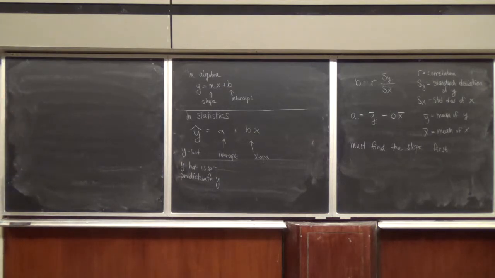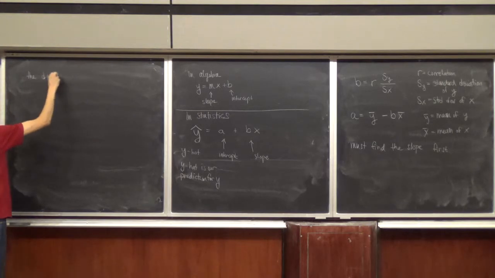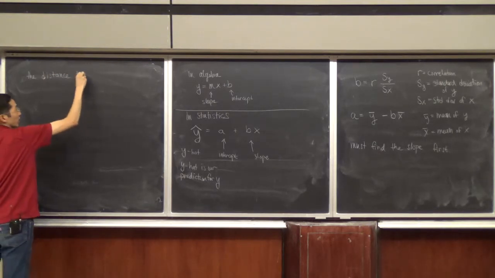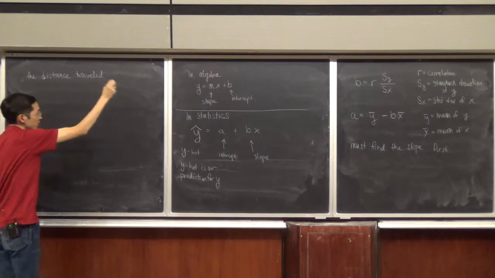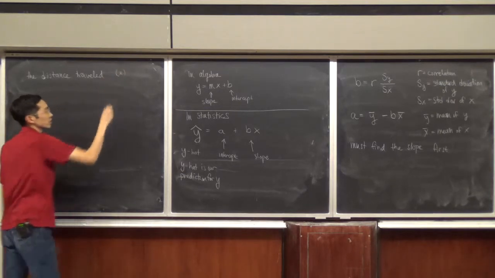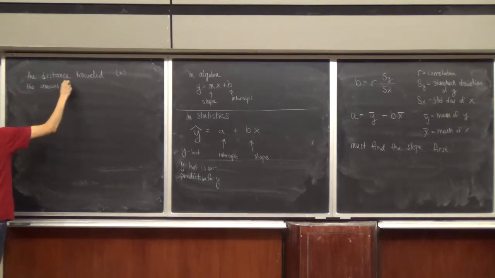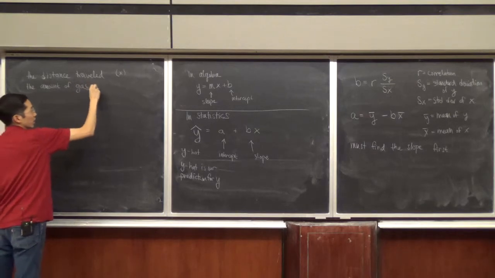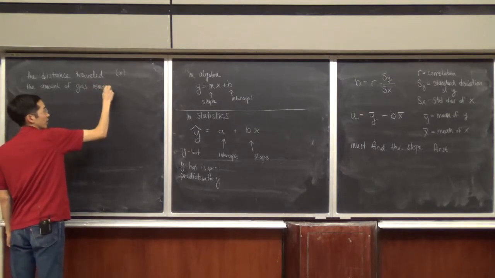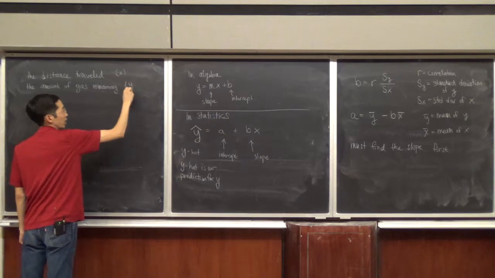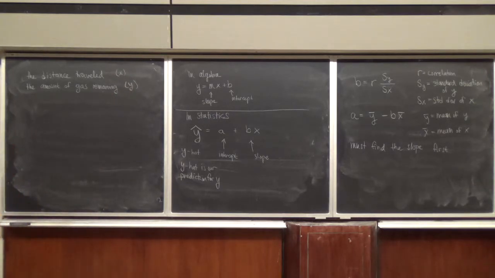Let's think of our example where we are looking at the distance traveled. The distance traveled will be our x variable, and the amount of gas remaining in our tank is our y variable.